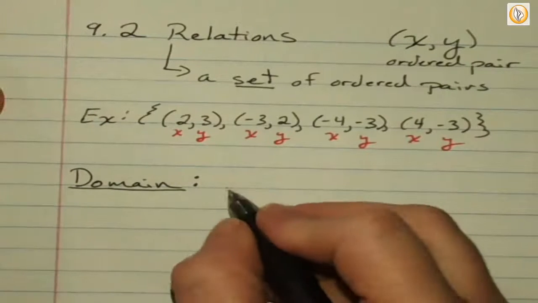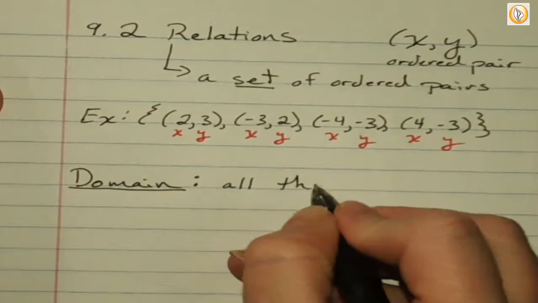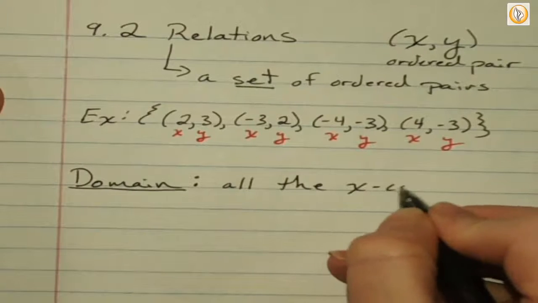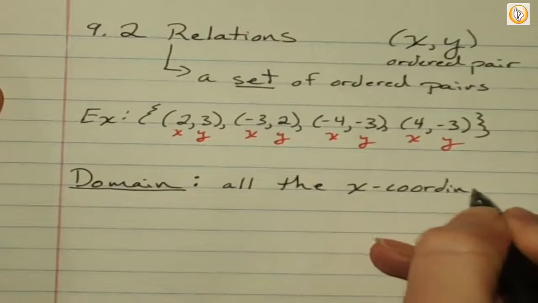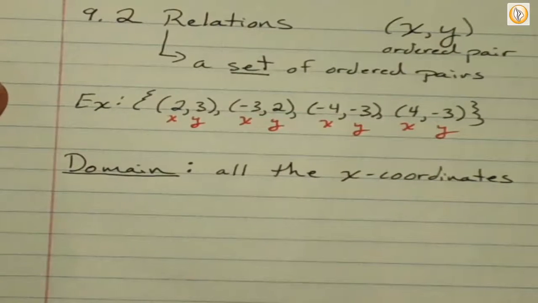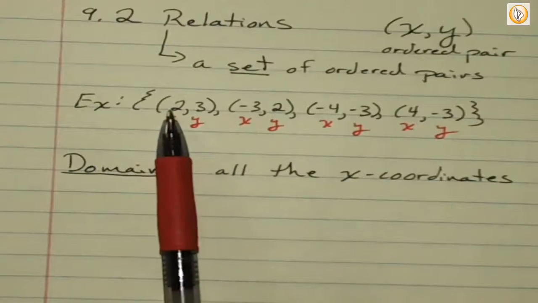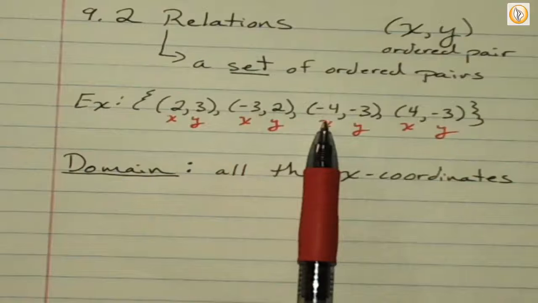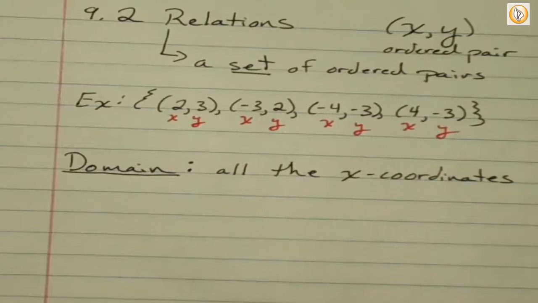It is all the X coordinates. So all the X's. So the domain is all the X coordinates: 2, -3, -4, and 4. Those are your domains. Does that make sense?